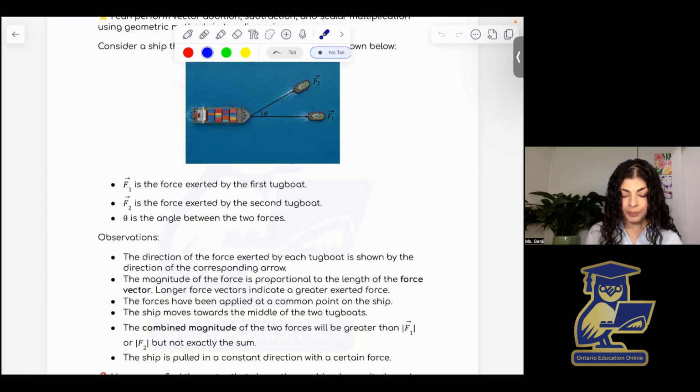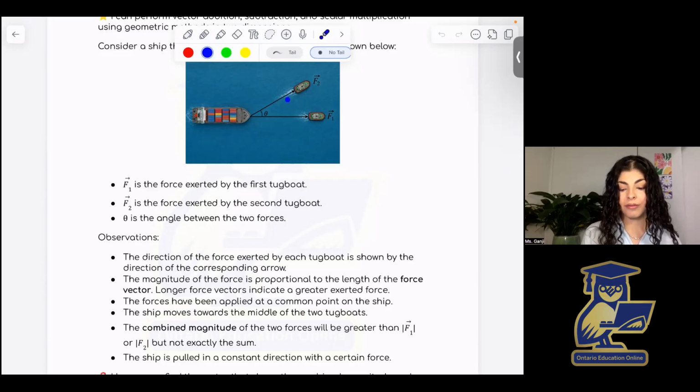The combined magnitude of the forces will not be the two forces added together, because of the difference in direction. If both tugboats were pulling from the east, which is harder to manage because they might crash into each other, then we could say the combined magnitude would be the addition of the magnitude of each of the tugboats.